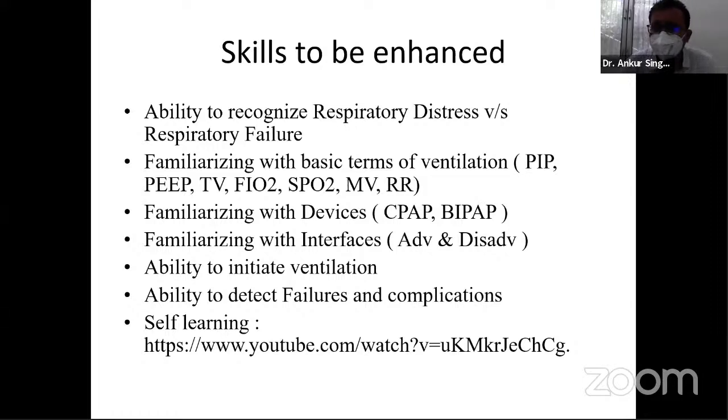You have to familiarize yourself with your devices like HFNC, CPAP, and BiPAP. You should know advantages and disadvantages, and you should also be able to at least intubate the child. If NIV is failing, you should be ready with intubation, and you should be able to detect whether it is failing or improving, and complications.